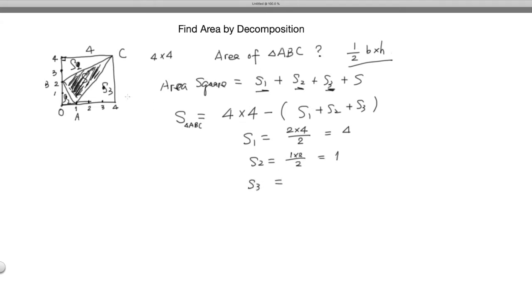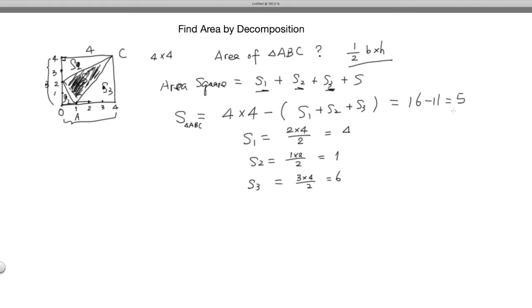S3 is a 3 by 4 right angle triangle, so 3 times 4 divided by 2 equals 6. So here, we plug in S1, S2, S3: 16 minus 11 equals 5. And the unit of this area, again, will be unit squared because you have the product of two sides.